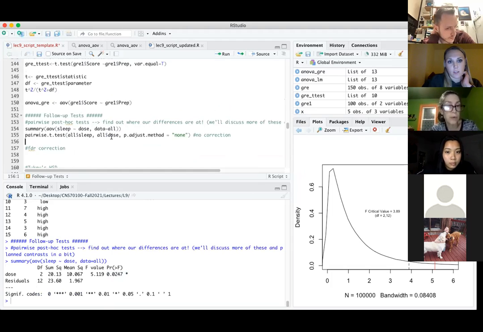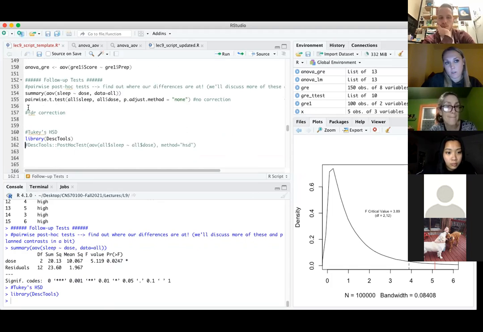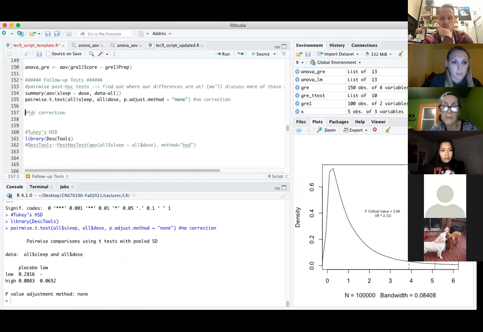So the next thing we're going to do is our follow-up test. If we do no corrections, which again, you would not do that, you can see none here, you can see which comparisons are significant.